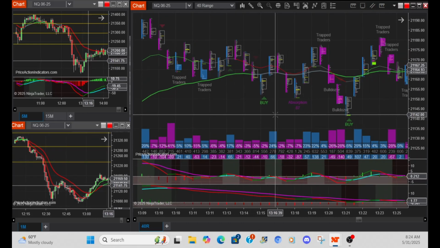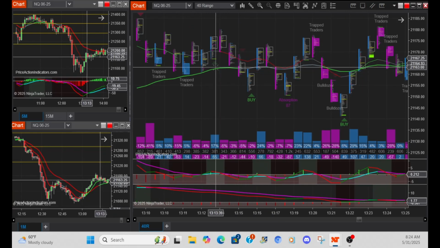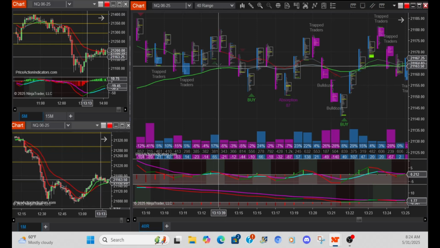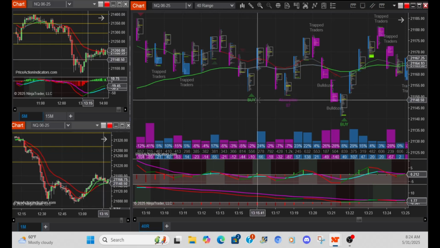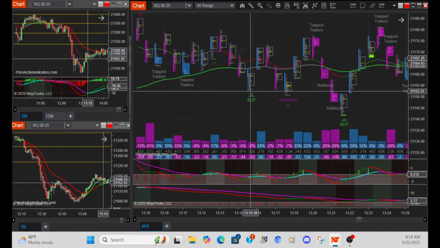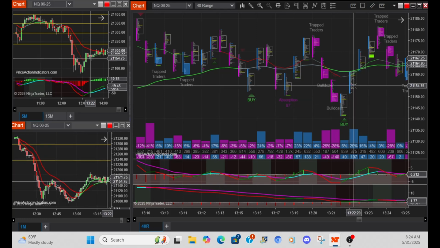Perfect. So right here, you have your triangle. This is a surge. This bar closed down. So this one is not that bright, but this one here with the buy signal, surge, this bar closed up, so you had a stronger surge signal. Same thing here.